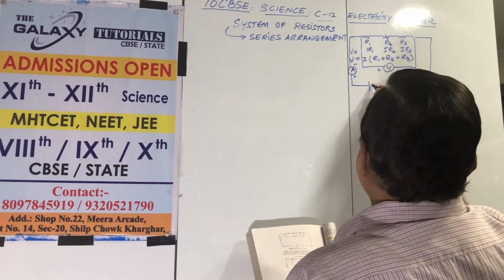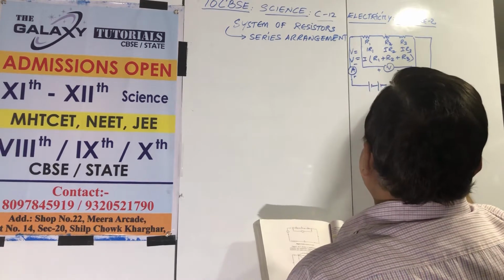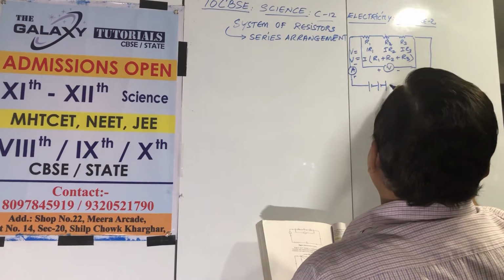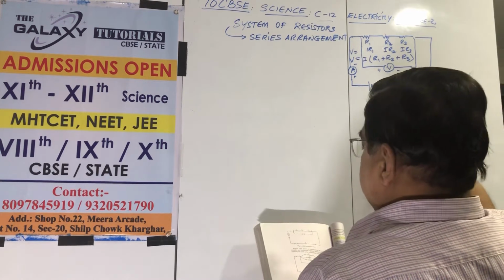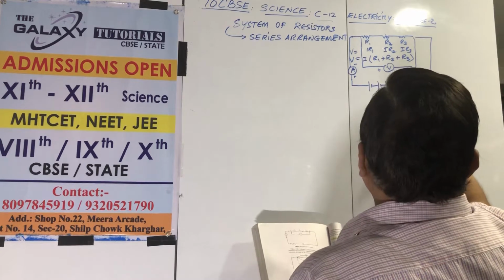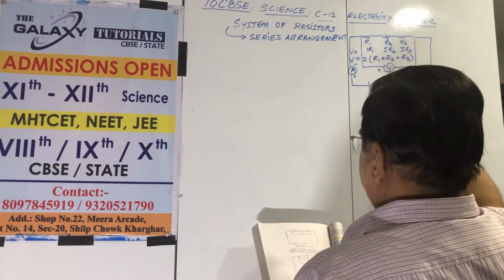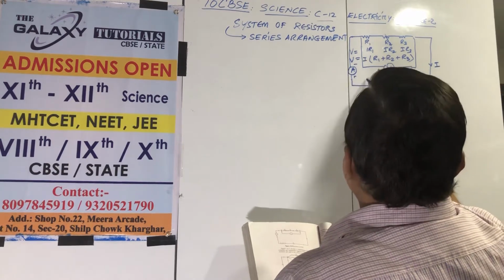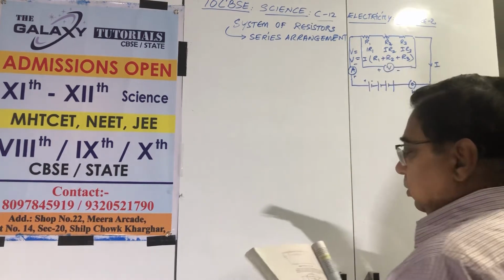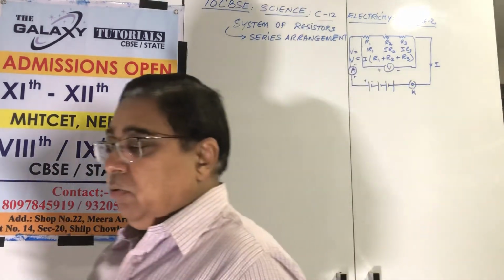And as I told you in the earlier lecture, we will have battery cells. And I will put a key in between to switch on and off. This is I, which flows through the circuit. This is plus, this is minus. So this is how it looks.